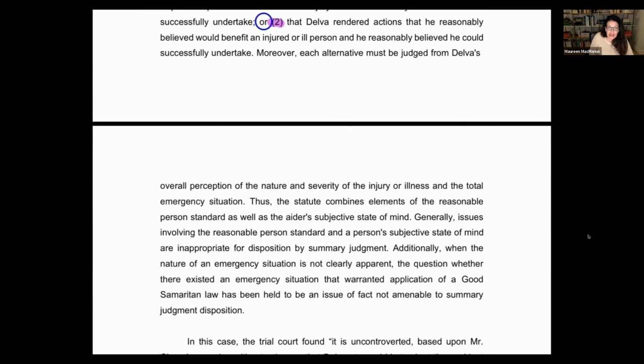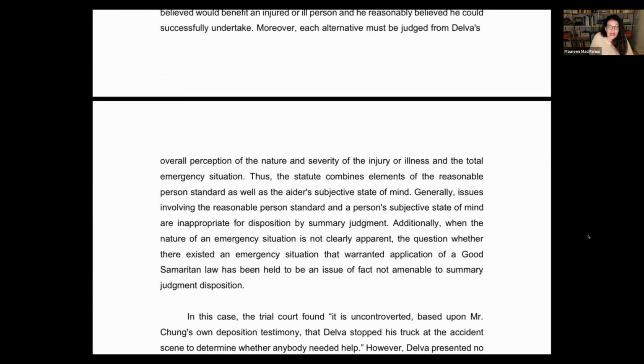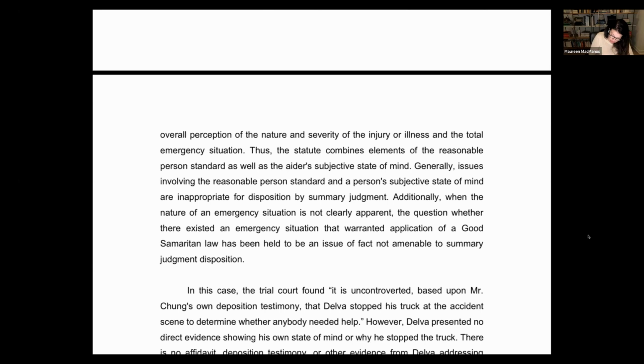Thus, the statute combines elements of the reasonable person standard as well as the aider's subjective state of mind. Generally, issues involving the reasonable person standard and a person's subjective state of mind are inappropriate for disposition by summary judgment. I see that and I'm like, oh, I want to get a motion for summary judgment granted, and it involves a reasonable person standard and a person's subjective state of mind. So this right here is not so great for me.